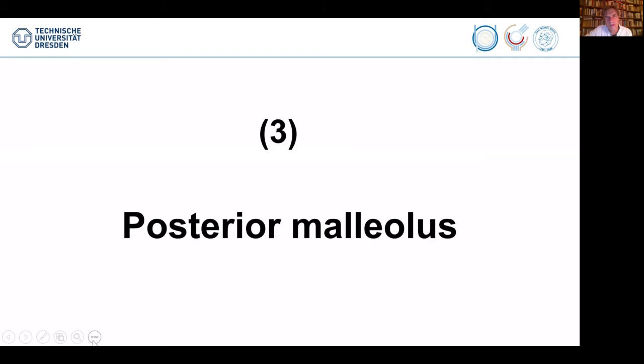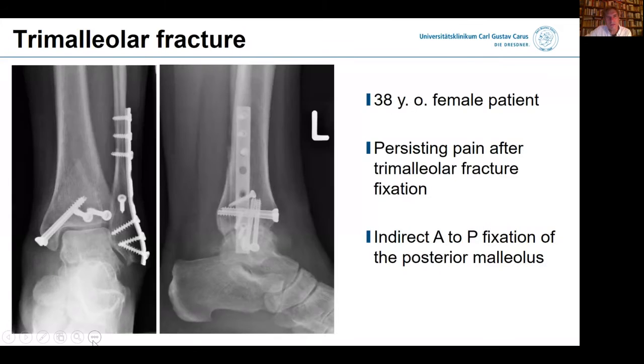Of course, also the posterior malleolus matters, not only for syndesmotic congruity, but also for stability of the ankle and of the joint surface. And this is even more important the larger the fragments are. So this is a 38-year-old female patient with persisting pain after trimalleolar fracture fixation.